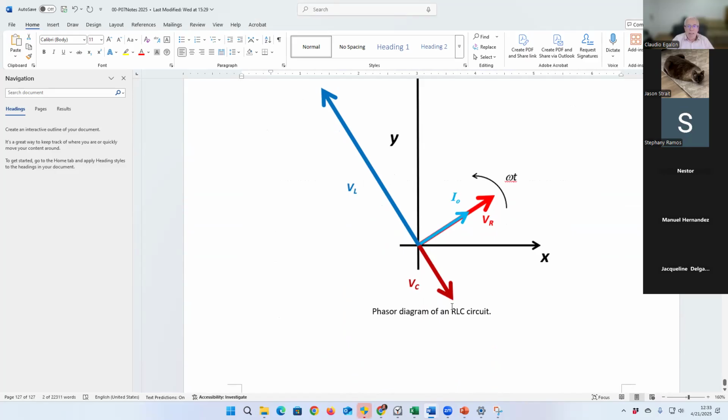And the net voltage in our RLC circuit is going to be the vectorial summation of all voltage phasors.